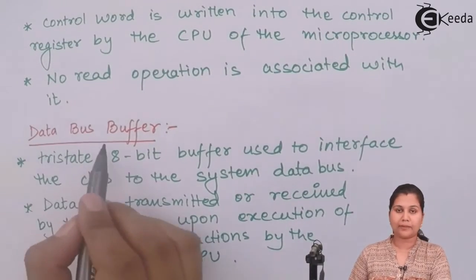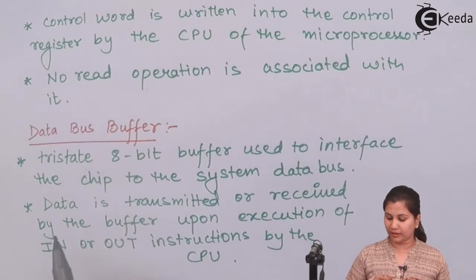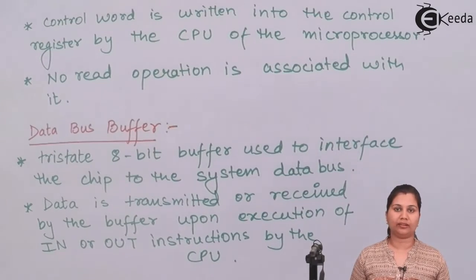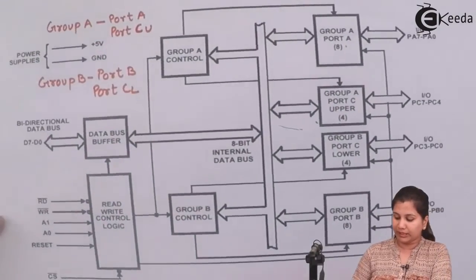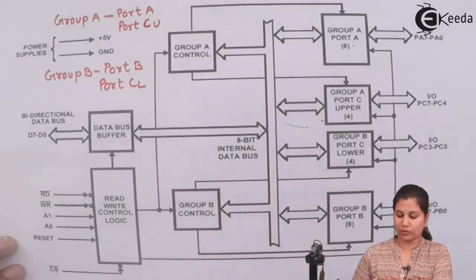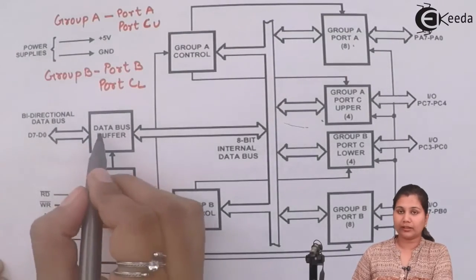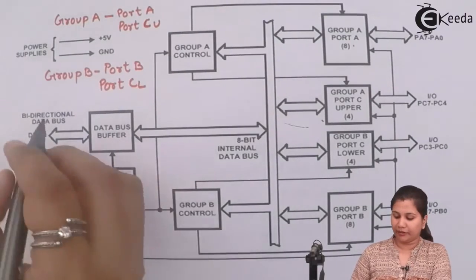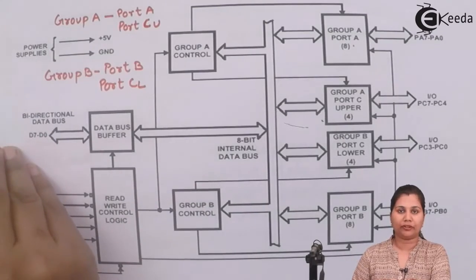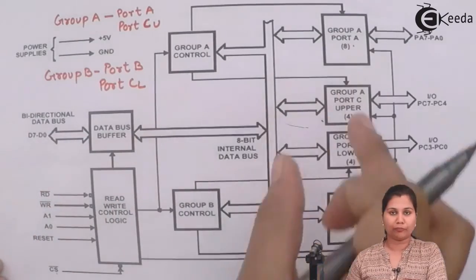Now this data bus buffer is transmitting or receiving data. This data is transmitted or received when the instructions IN and OUT are executed by the CPU of the microprocessor. The data bus buffer will read the data which is on the ports if the read signal is low and the instruction IN is given by the CPU.